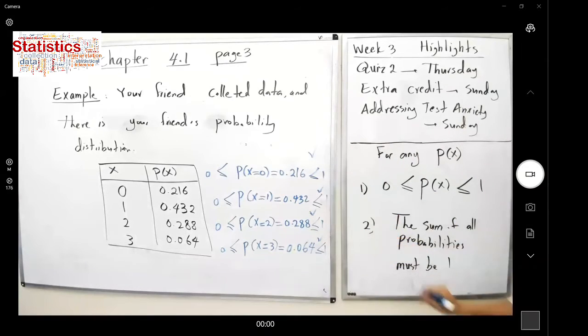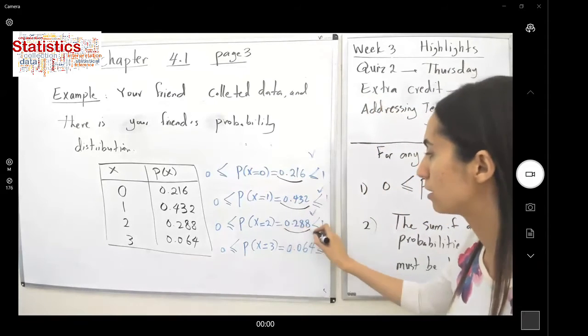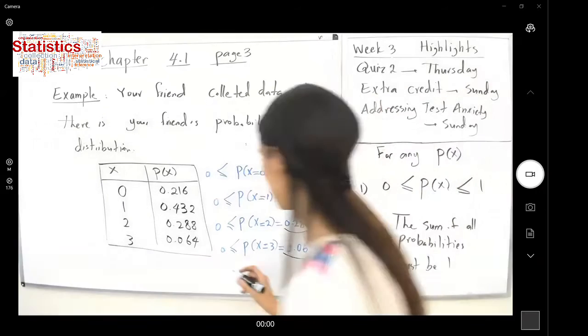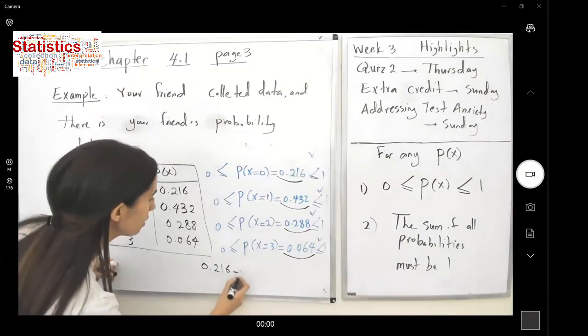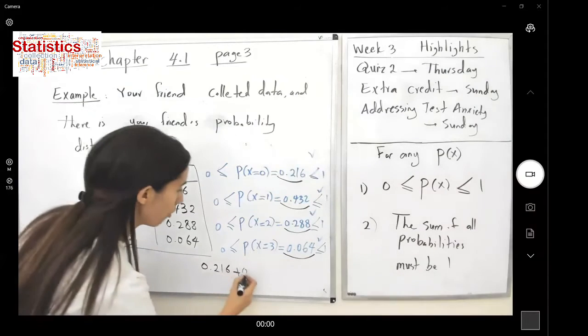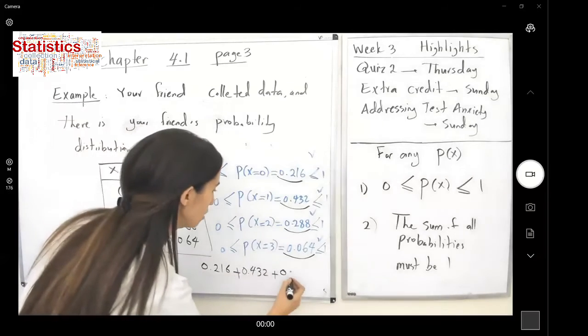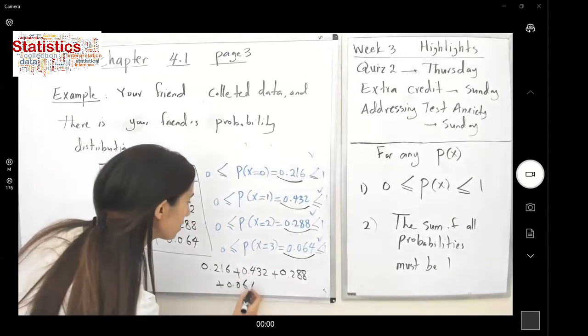How about the second condition? What if I add all of these numbers together? What's the sum of this probability, this probability, this probability? What is the sum of 0.216 plus 0.432 plus 0.288 plus 0.064?